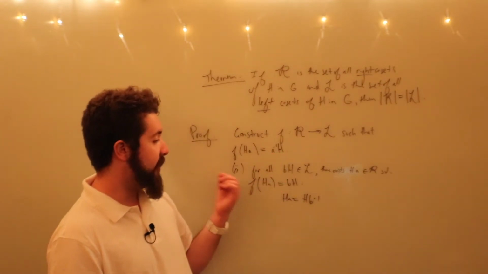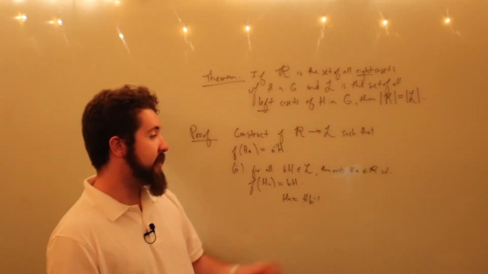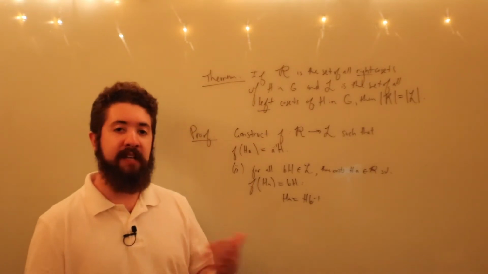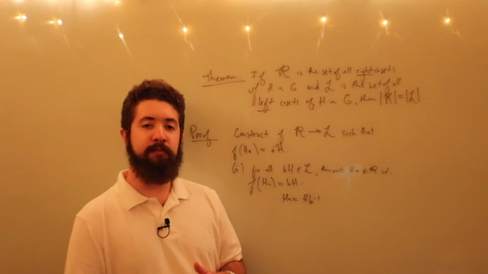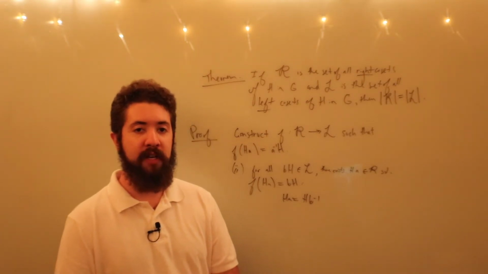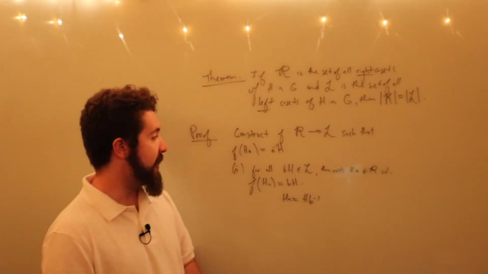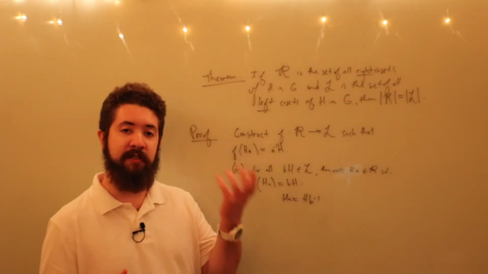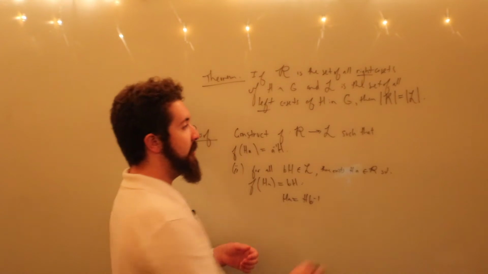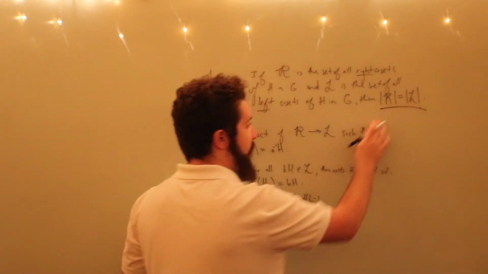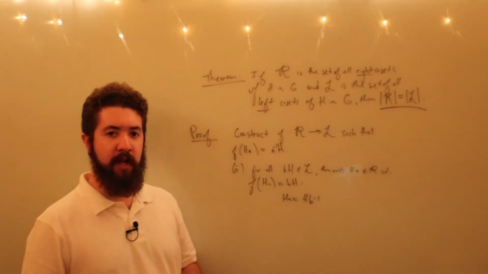And we're guaranteed that this element exists because we're in a group, so B has an inverse, and so the coset is well defined. Thus, our mapping is both onto and one-to-one, and thus it's a bijection. And whenever we have a bijection, then the domain and codomain have to have the same cardinality. In other words, the cardinality of R is equal to the cardinality of L.